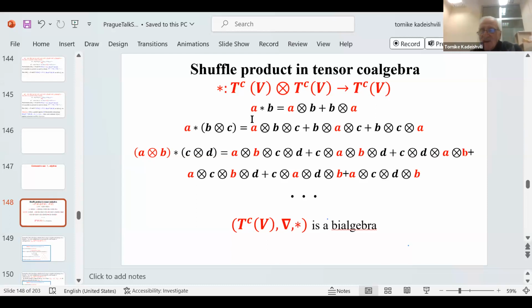Shuffle product. There is a very funny explanation of the shuffle product, like playing cards. There are black cards, clubs and what? I don't remember the English names. And hearts and something, red cards. Suppose I have black cards and red cards, and I shuffle them.